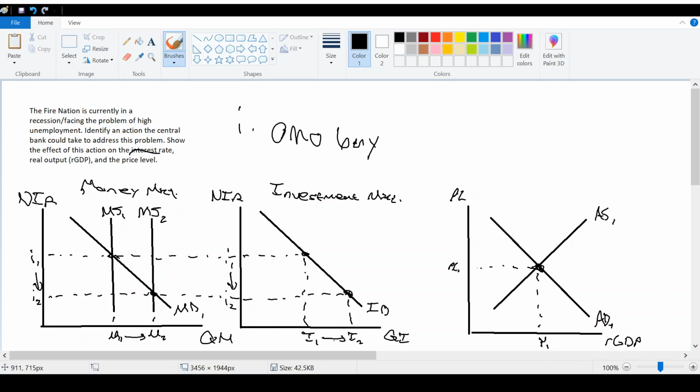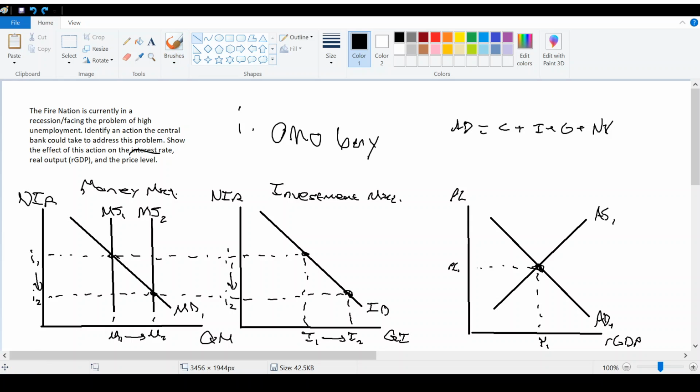Keep in mind that AD, aggregate demand, is equal to the sum, similar to our GDP, the sum of consumption plus investments plus government spending plus net exports. So here you can see investment is a component of AD. So this increase in AD is because we have this increase in investment on the investment market.